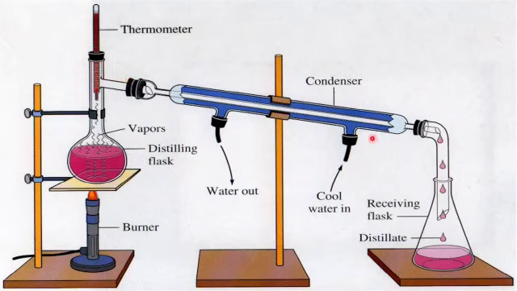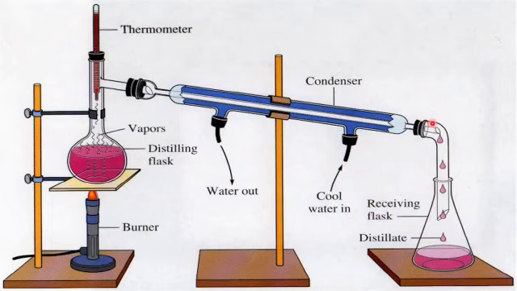Here you can see two openings: water out and cool water in. This is just to keep the condenser cool, to avoid it heating up. This is the central hollow section where the vapors will pass, surrounded by another section where cooled water enters from the other side.